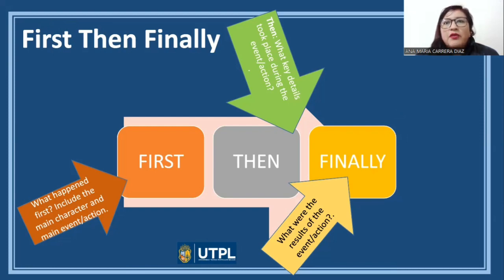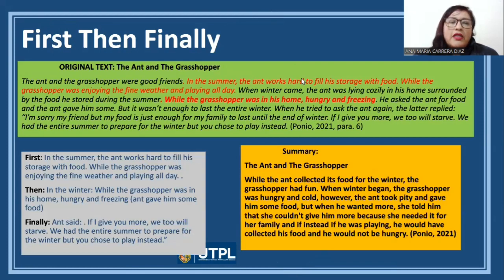Okay. Next, I will make an example with this strategy. For this example, I have taken a story by Johnny Bonnie, which talks about the ant and the grasshopper. As we can see in the original text, I highlighted the main ideas in red.